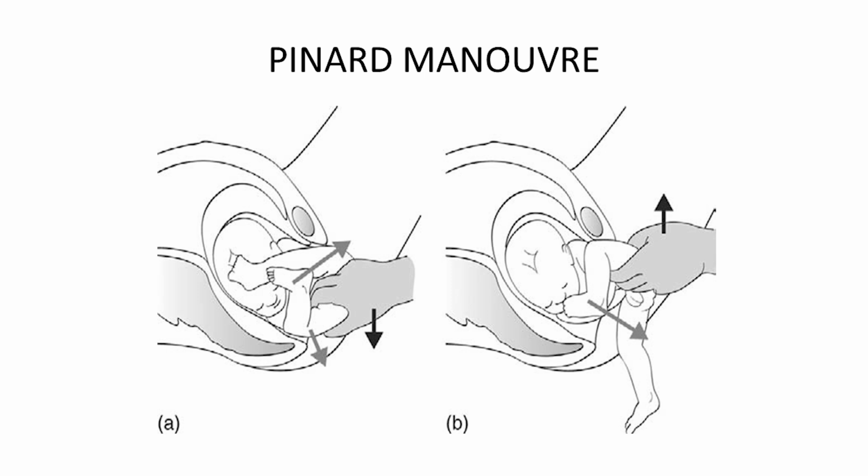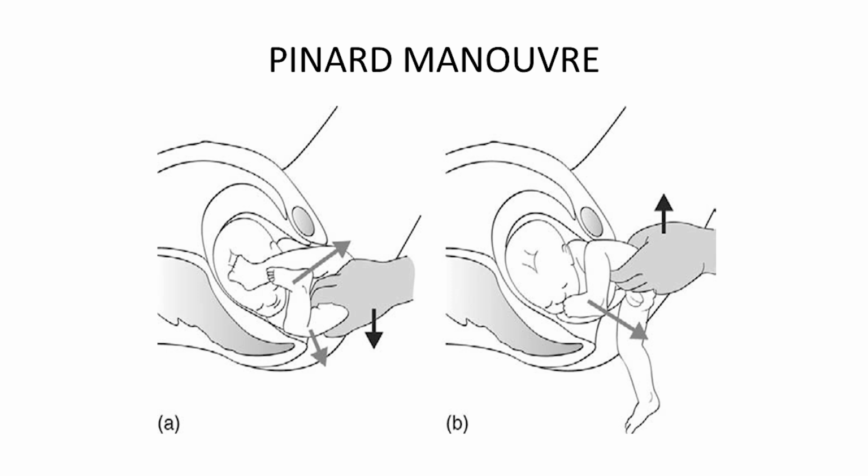And in the Pinard maneuver, what happens is that one applies pressure on the popliteal fossa. This will cause the fetus to flex the knee, and so the knees are flexed and the hips are abducted and the legs are delivered. And then this maneuver is repeated on the other side and the leg is also delivered.